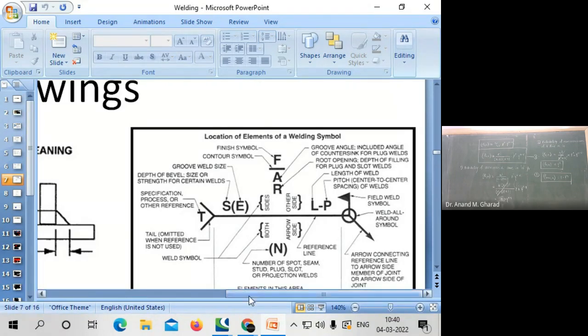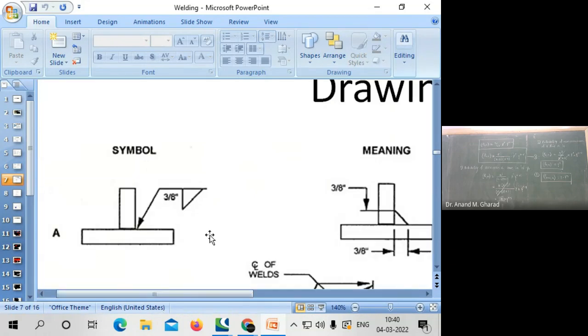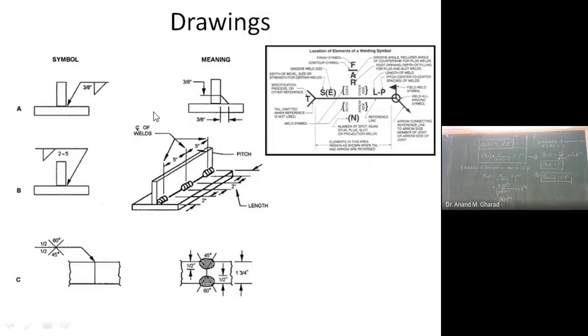Let's say, for example, in our case, if this connection is to be prepared on the site, then in order to mention that information, you will give this symbolic representation first of all, and over here you are supposed to write field, F-I-E-L-D, sorry for that, field weld.